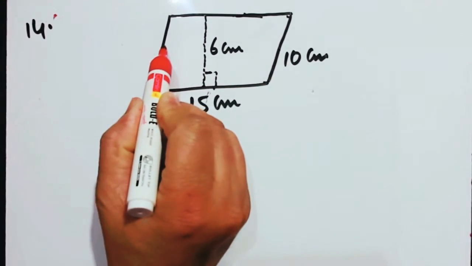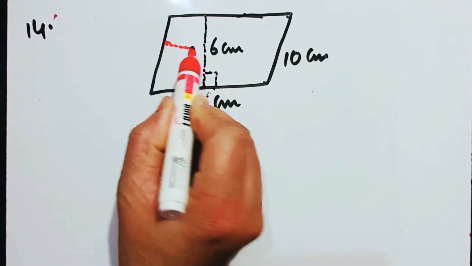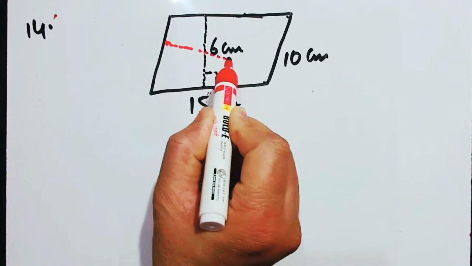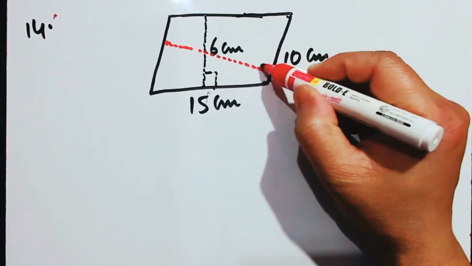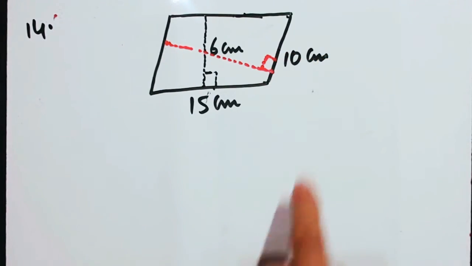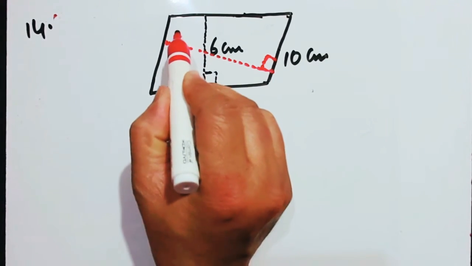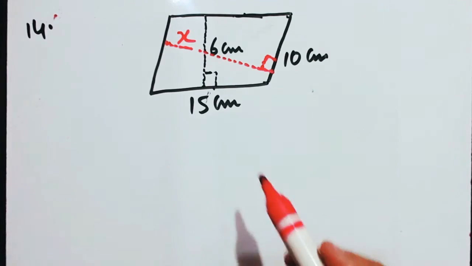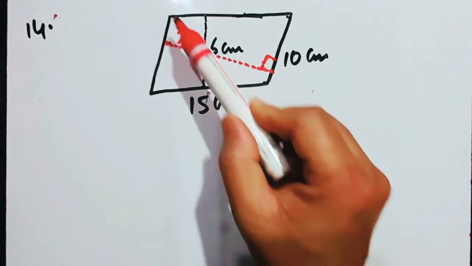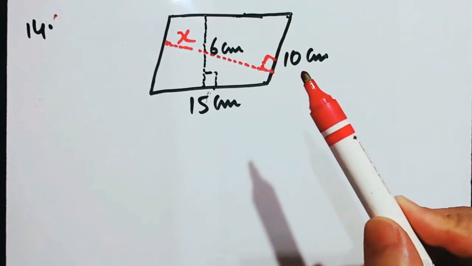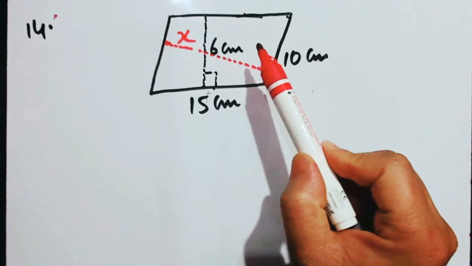So let us take the perpendicular distance from this particular point. Okay, so this is the perpendicular distance between the shorter sides. Let us take this as x. Now whether you find it this way or the other way, naturally you will get the area of the same parallelogram, isn't it?